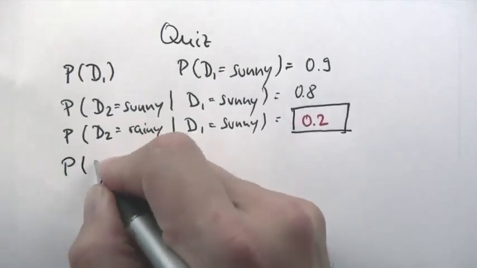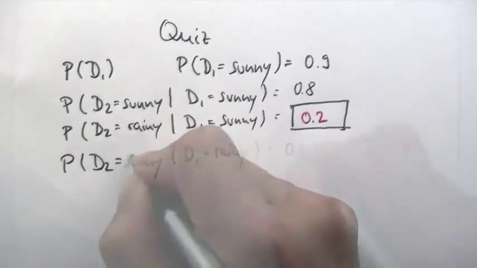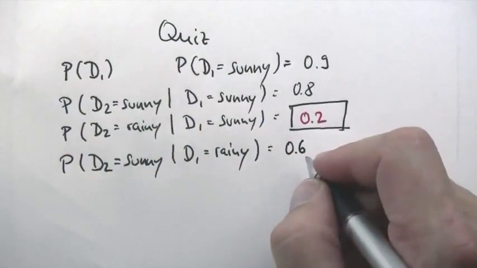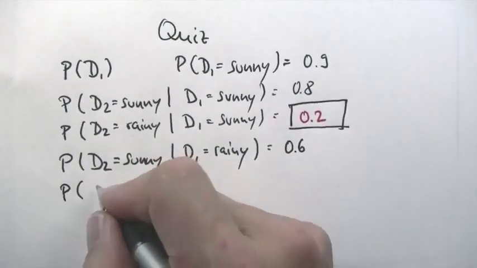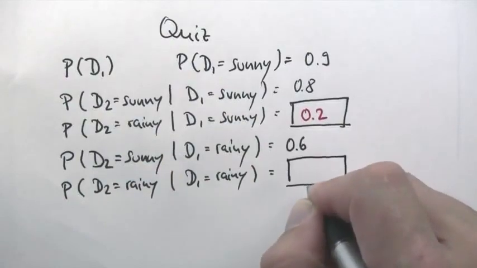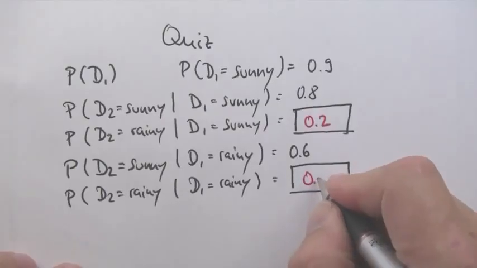A sunny day follows a rainy day with 0.6 chance, and a rainy day follows a rainy day. Please give me your number. 0.4.